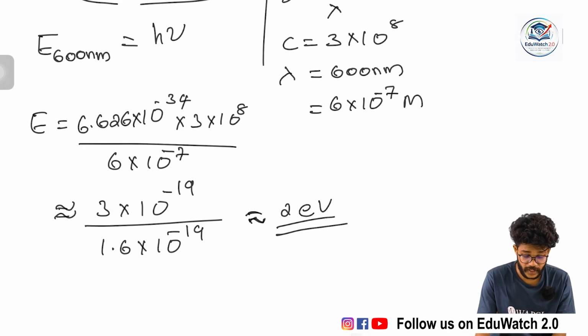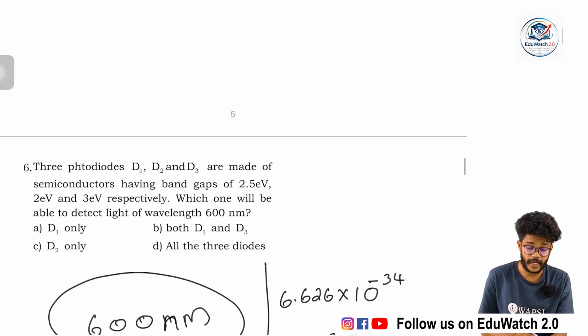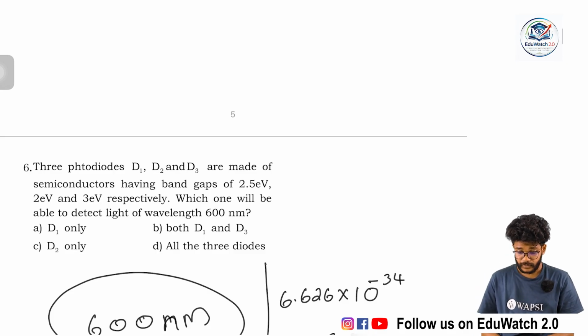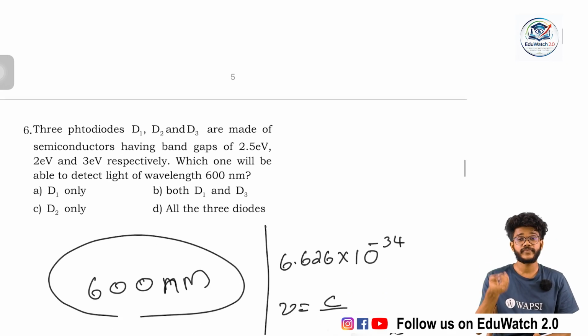So the energy of diode D2 coincides with our energy, but in general, the energy of the incident wave should be greater than the band gap.